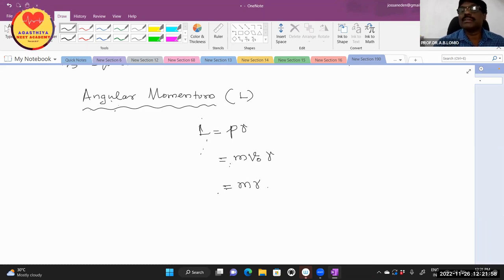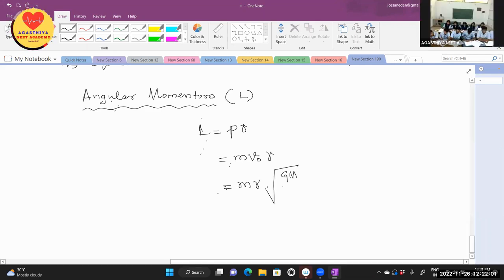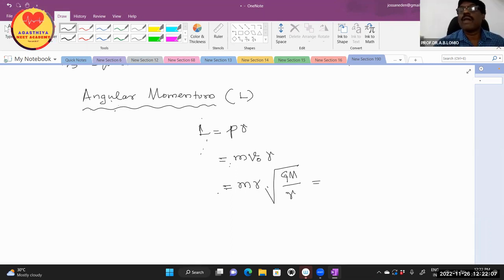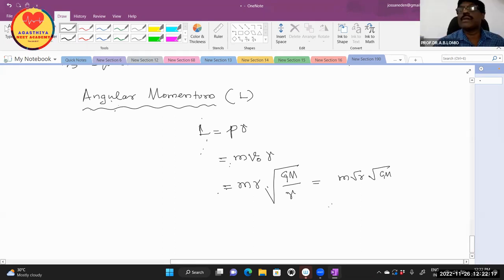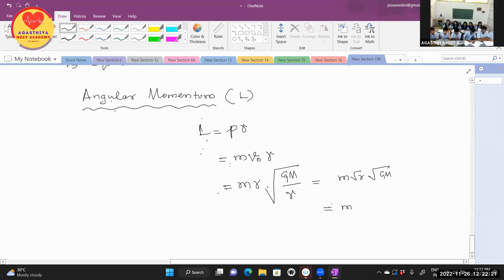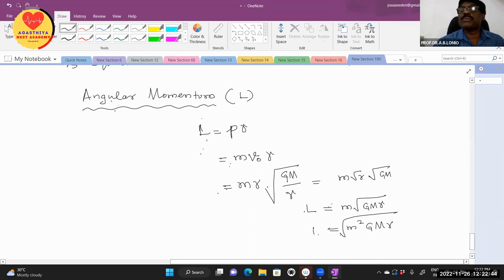Substitute the velocity formula as root of GM by R. When small m enters into the root, it becomes m squared.